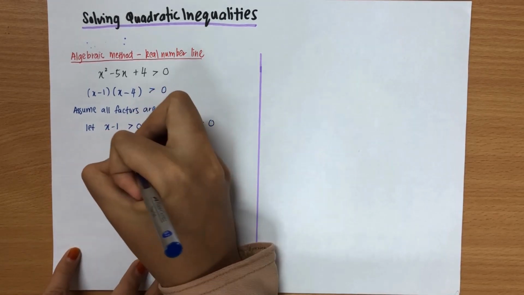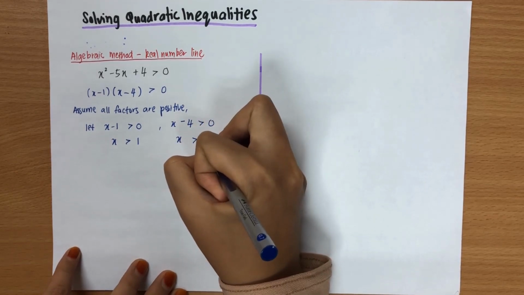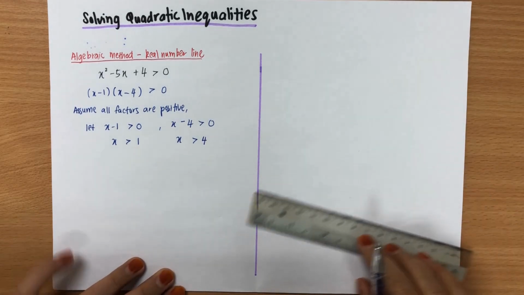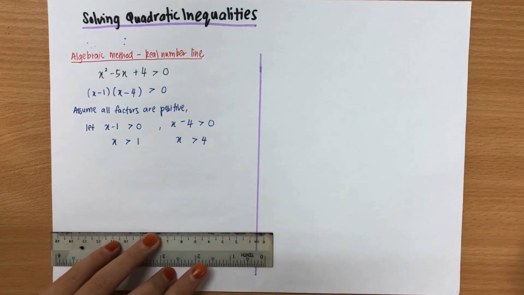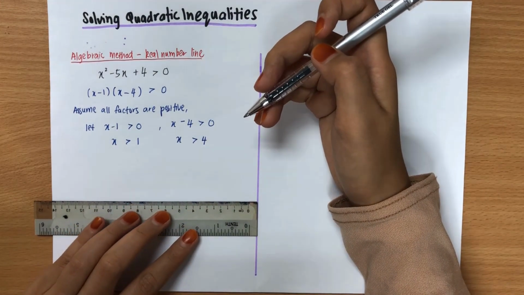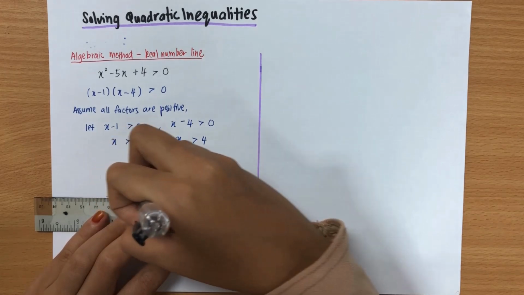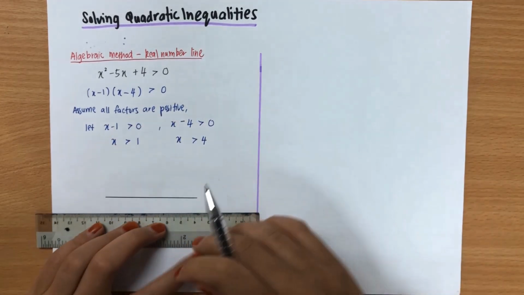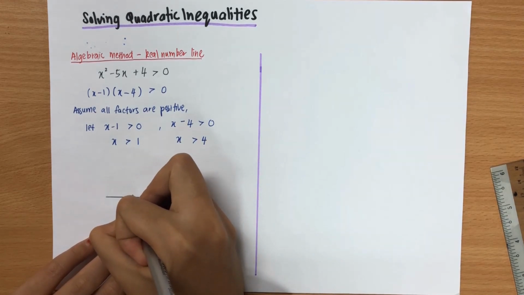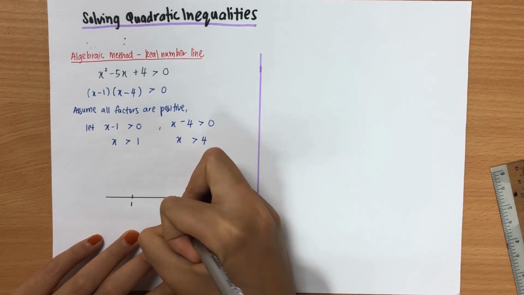So x is greater than 1 and x is greater than 4. So now we will plot our number line. Say we have a number line. Plot the numbers that we have. So here is 1. Let's say this one is 4.